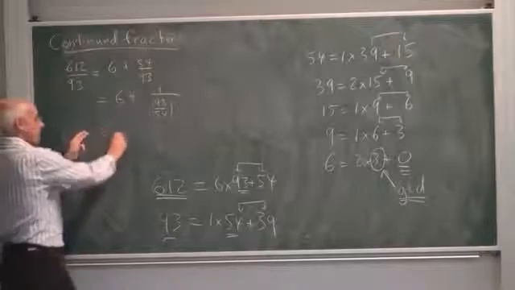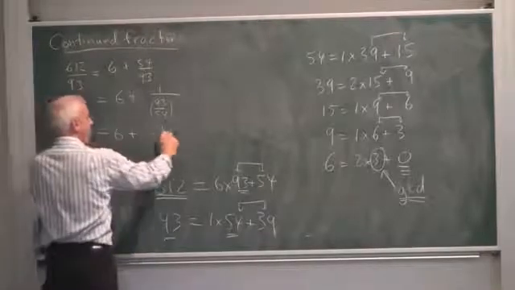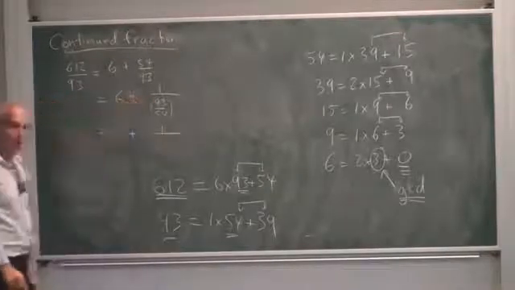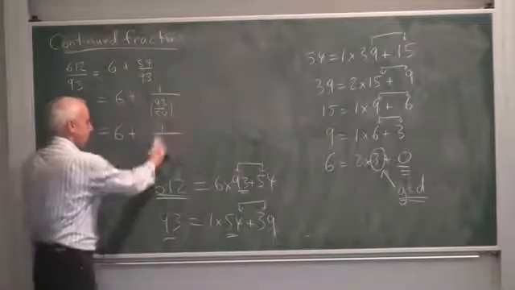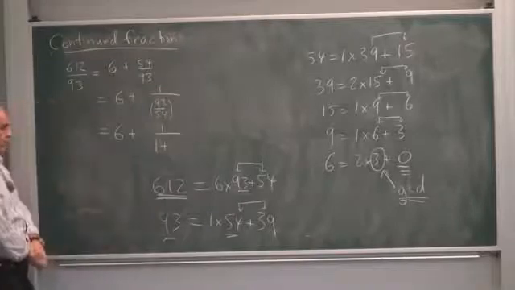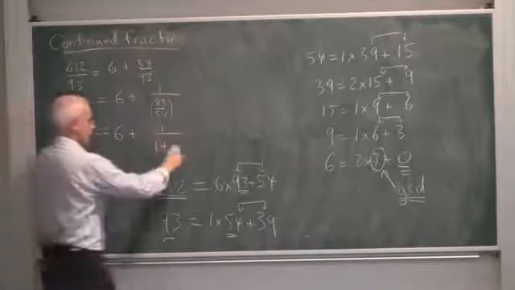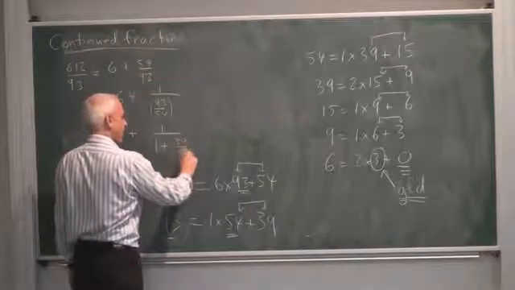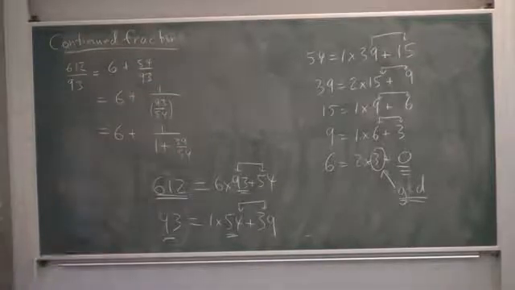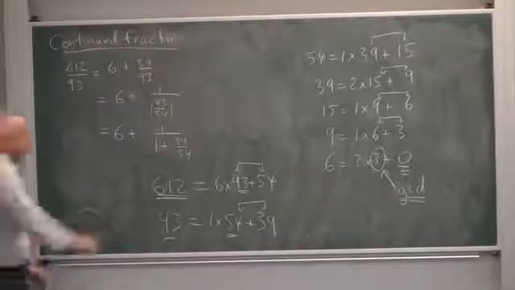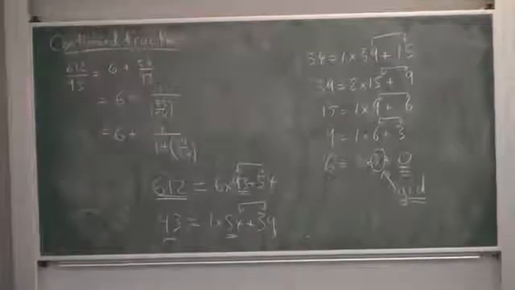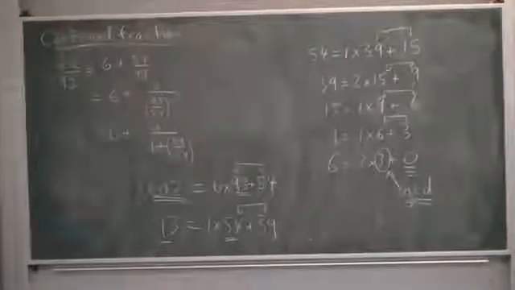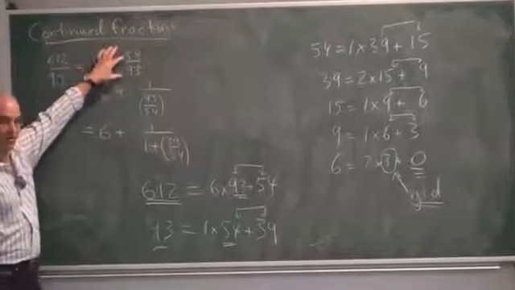And when we write it like that, we can write it as 6 plus 1 over, what's 93 over 54? It's, according to this, 1 plus 39 over 54. And now we can take that little remainder, which is less than 1, and flip it over just as we flipped over this remainder.